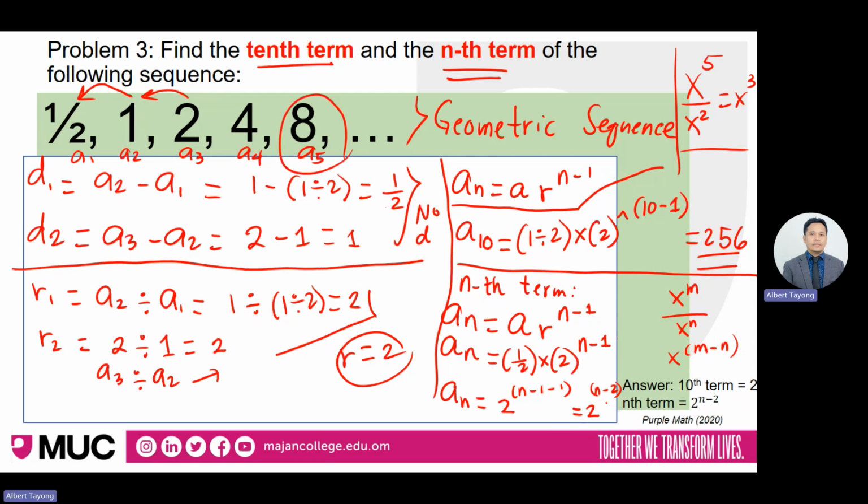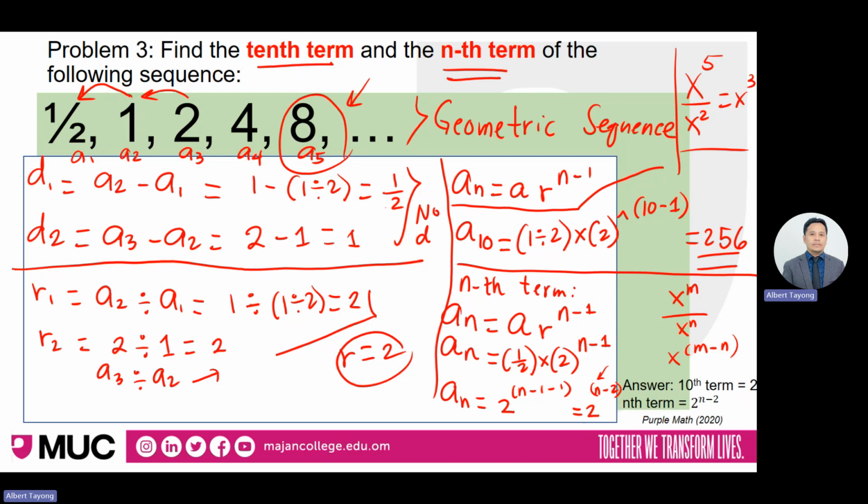So assuming you're going to change n here to 5, 2 raised to the power of 5 minus 2. 5 minus 2 is 3. So 2 cubed is equal to 8 because it is 2 times 2 times 2. So that is how to check your nth term.